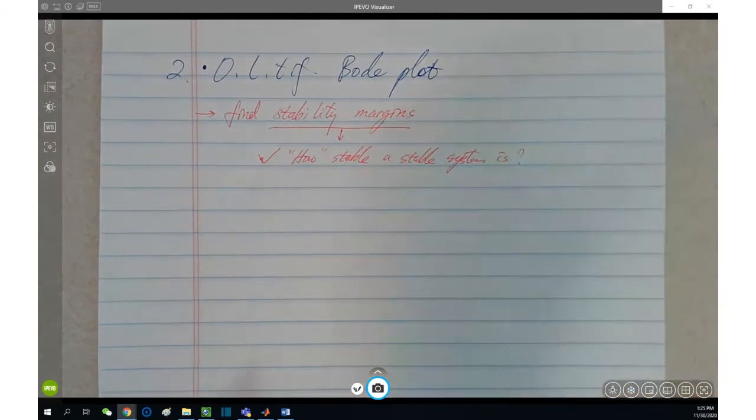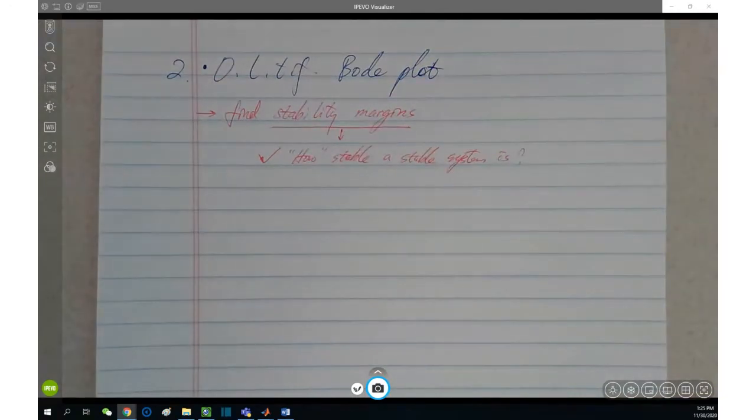I don't know how much sense this makes to you, but let me explain. What does it mean, how stable a stable system is? Stability margins are used to describe a stable system. First of all, the system must be stable. It's already stable, we know that. And then how much stable it is.